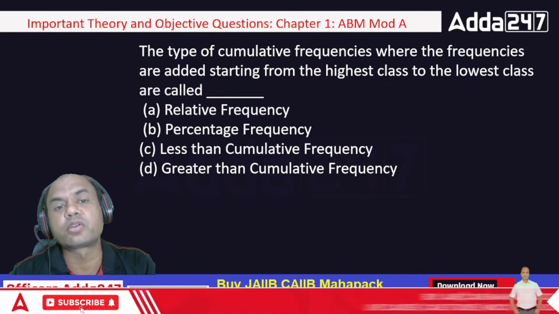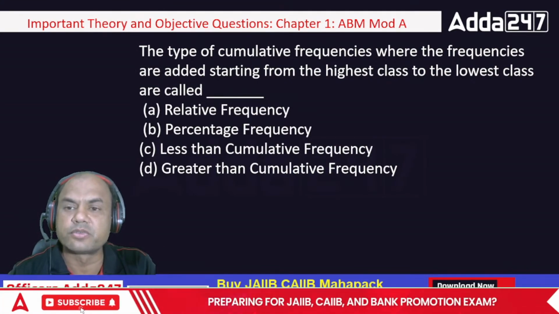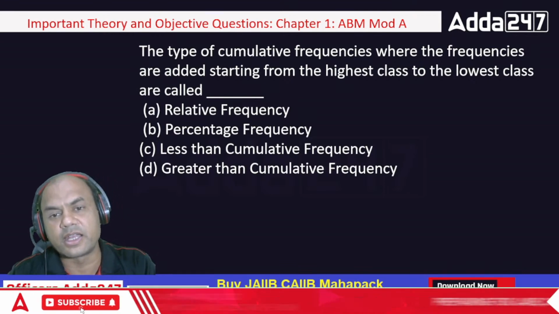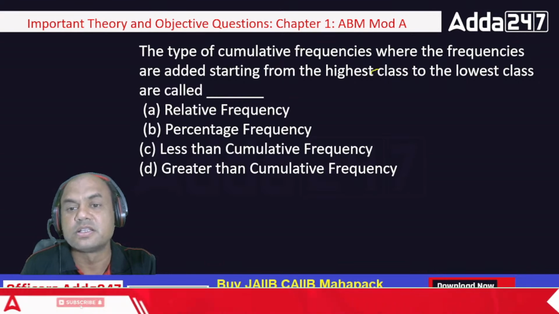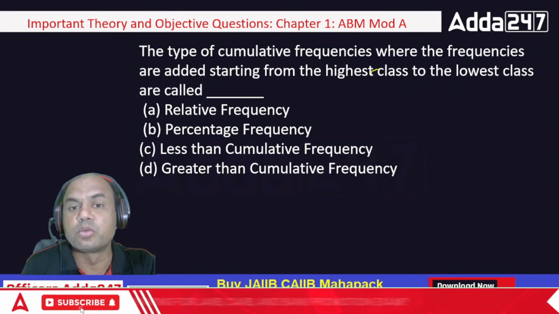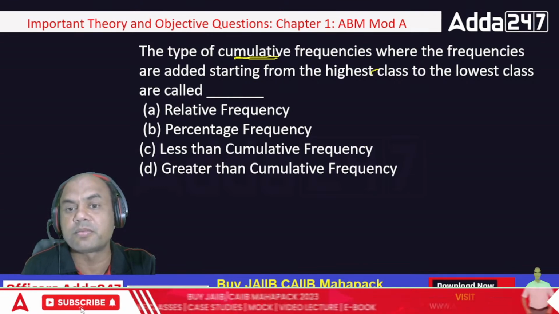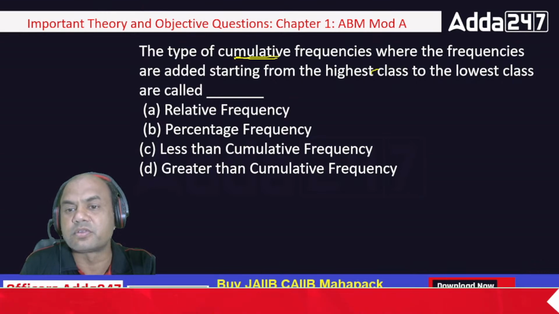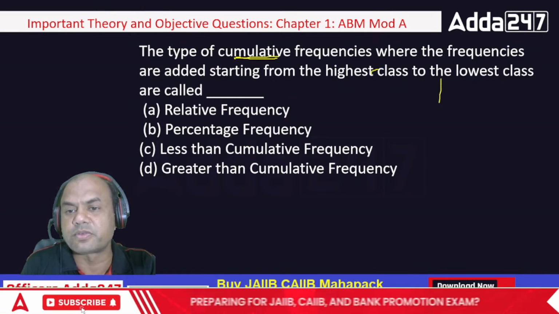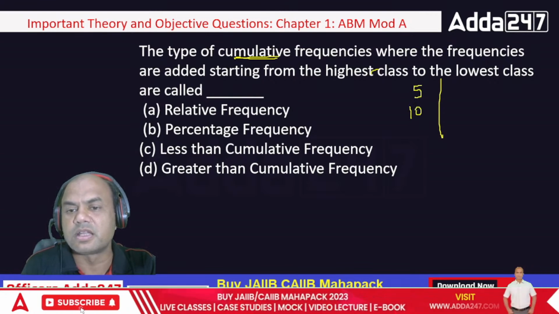Now let's come to the questions. The type of cumulative frequencies where the frequencies are added starting from the highest class to the lowest class is known as what? Now look at this. Cumulative frequency. Cumulative means it goes on adding. What do you mean by cumulation? Suppose I write the frequencies 5, then 10, then 12.